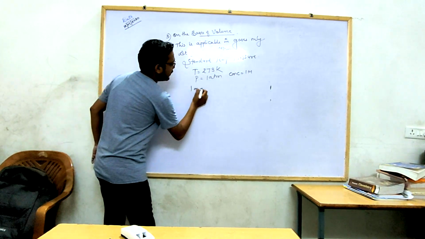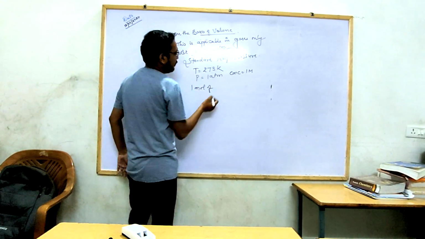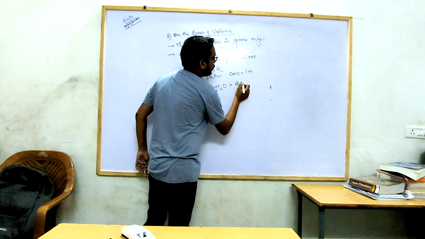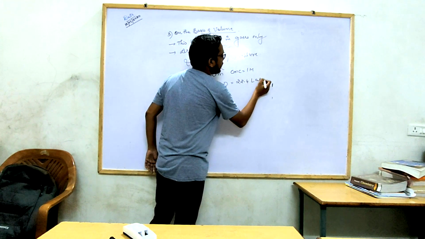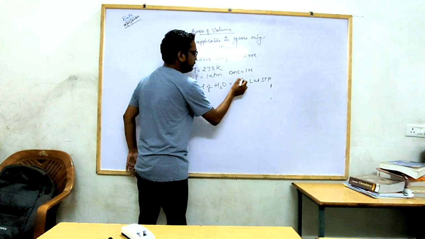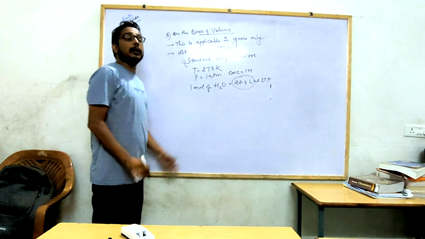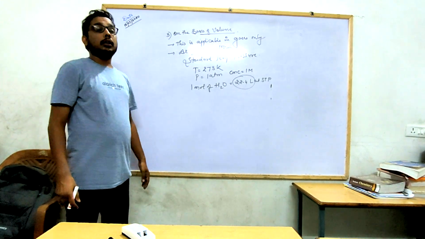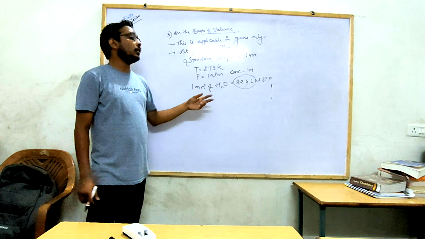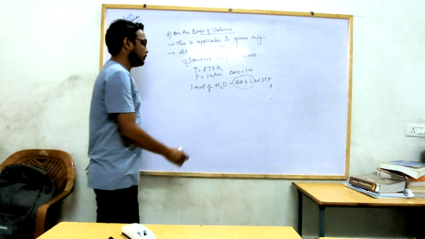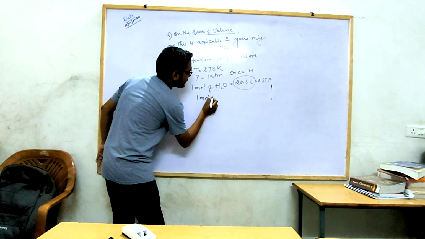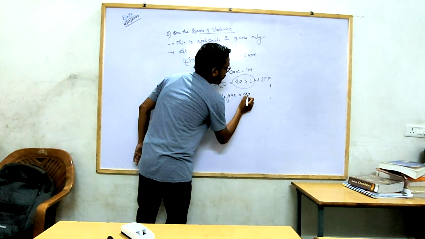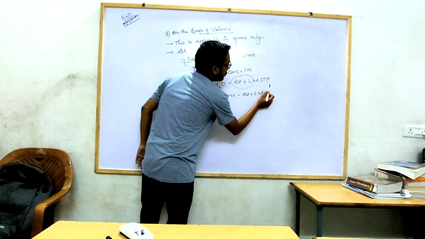In this case, if I say 1 mole of water is also in the form of gas, we can write 1 mole of water equal to 22.4 liter at STP. This particular value is experimentally determined. So this is a fixed value. Okay, like Avogadro number, this value is also fixed. 1 mole of methane gas is also 22.4 liter.